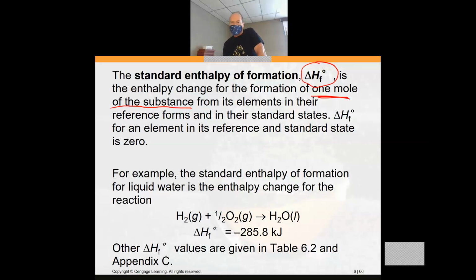If you don't need fractions, fine, but you must have 1 mole of the substance. And they come from elements in their natural state. So if we're writing the delta H naught formation for water, that means the elements that make up water: hydrogen gas and oxygen gas.